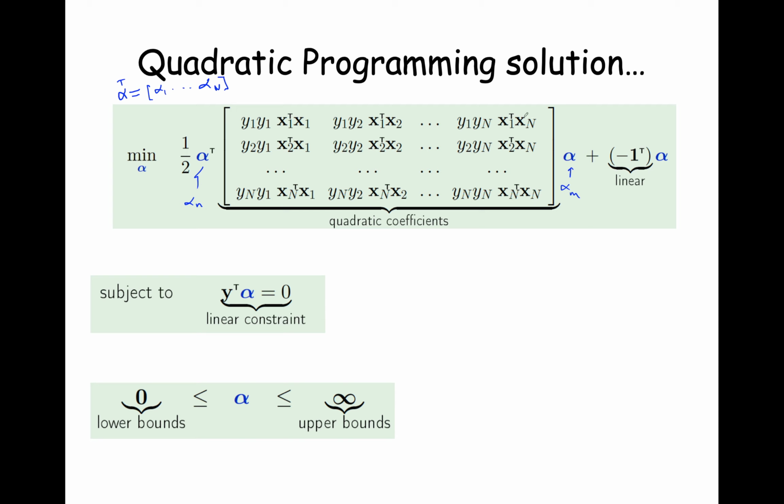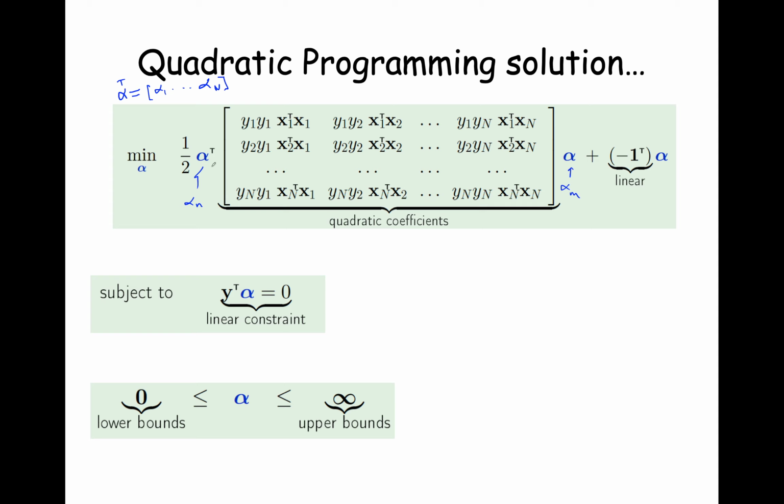These are my so-called quadratic coefficients. Now remember, these are all constants. We had the y's from our class labels associated with our in-sample points, and then we have the feature vectors. These are all constants. So this gives me a coefficient matrix for my quadratic programming problem.